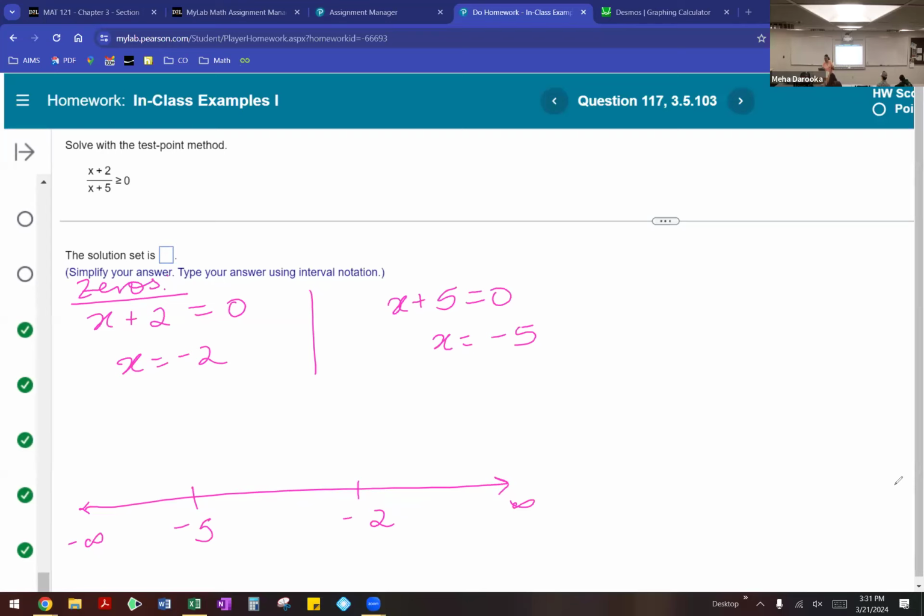What test points can we use for this one? Let's start on the leftmost interval. What would we use between negative infinity and -5? Sure. Between -5 and -2? And then between -2 and infinity.